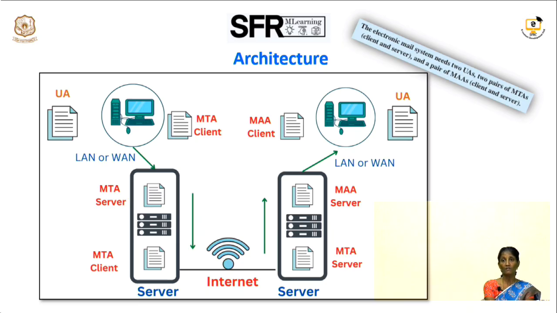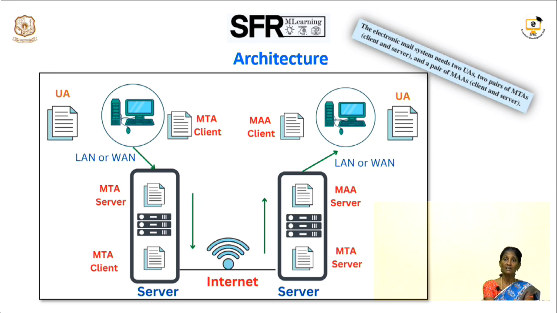The MTA server will receive the message, and these mail messages are pooled into the server. Then the MTA client will transfer the message over the internet. At the receiver end, there is another mail server.